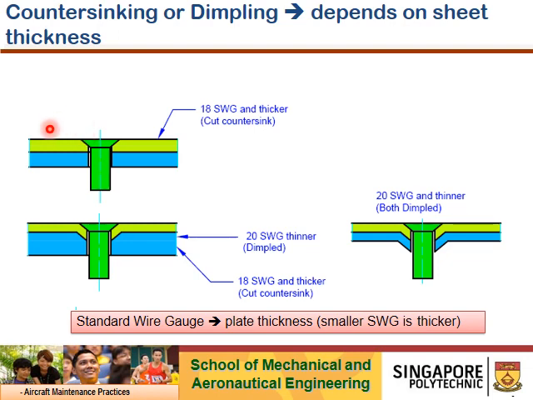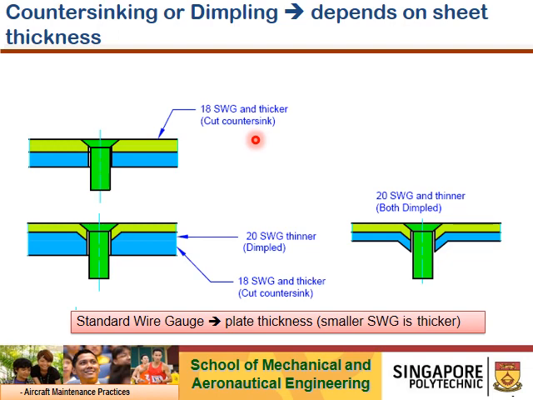So these are more commonly installed on the aircraft skin structure, where we minimize drag and of course avoid aerodynamic issues. The extra step, compared to installing a protruding head rivet, is that you have to carry out a countersinking or dimpling process.